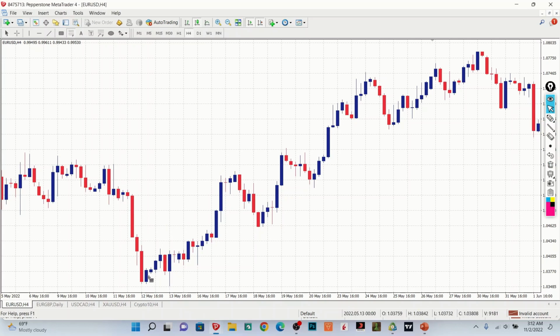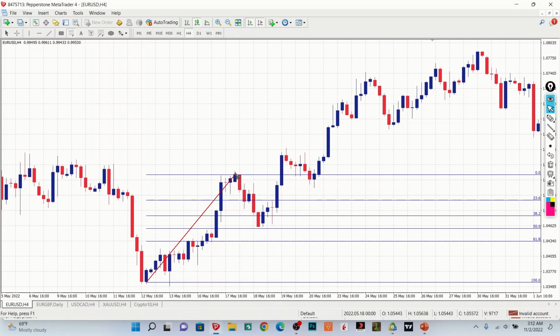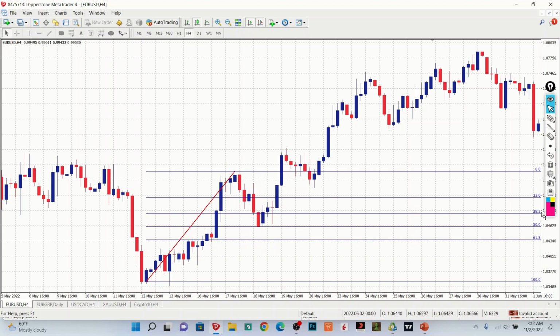We get from point A to point B, and this is the 38.2 Fibonacci retracement level. If it is a Fibonacci retracement level, we expect a swing high. For us to determine where it will go, we shall now need to pick what we call the Fibonacci extension. So you go to pick your Fibonacci extension.